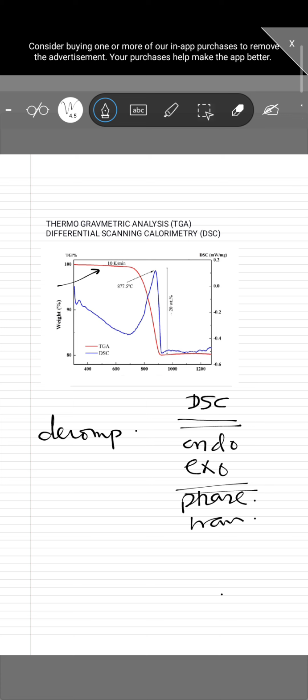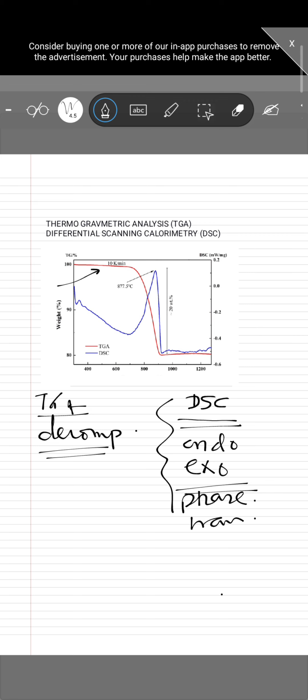Now, usually, if you don't know anything about the material, that means you have absolutely no idea what the material is, then it's better to perform both of them. But if you have a certain idea that this material is going to decompose and you would like to find out at what temperature it decomposes, then the TGA test is the appropriate test.